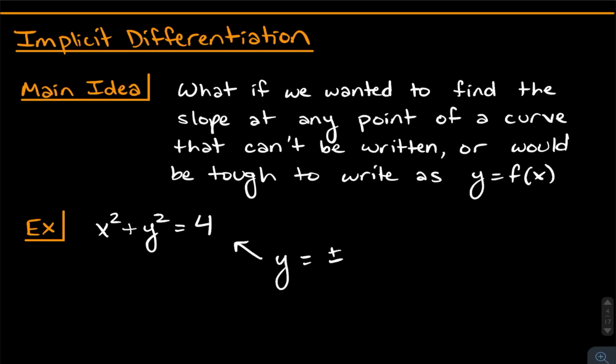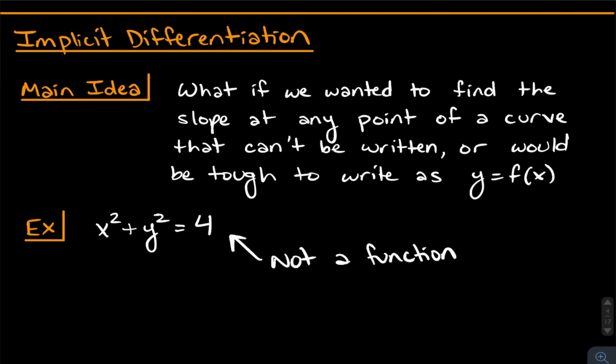Well, yeah, but now you're writing it as two separate functions, right? You have a plus one and then you have a minus. So it's not just one function of x that you'd be writing. So this is not going to be a function. And so we're going to need to do implicit differentiation on this.